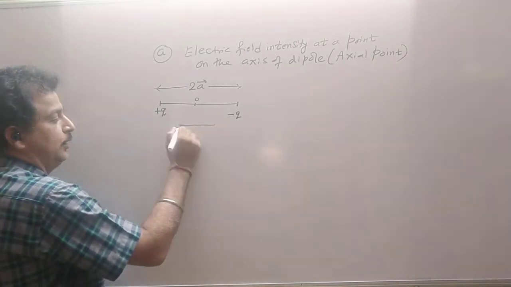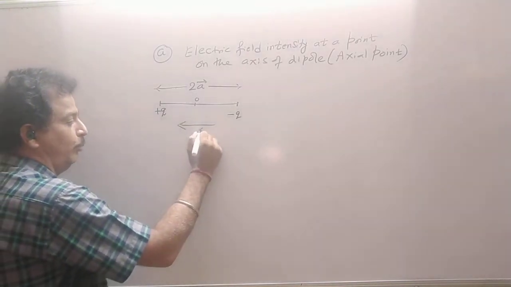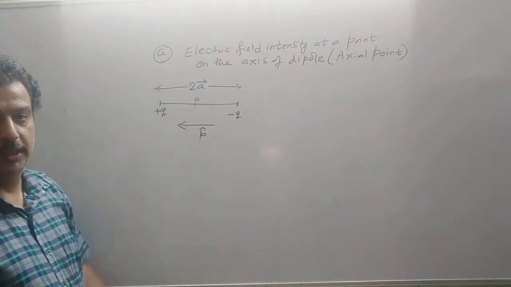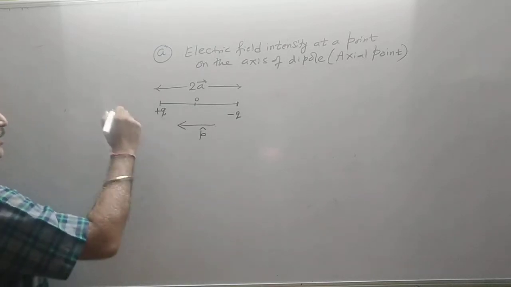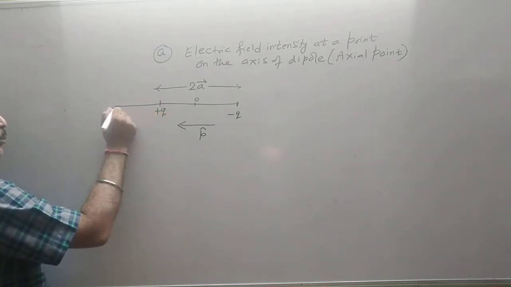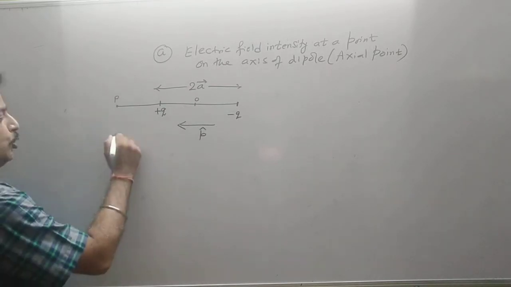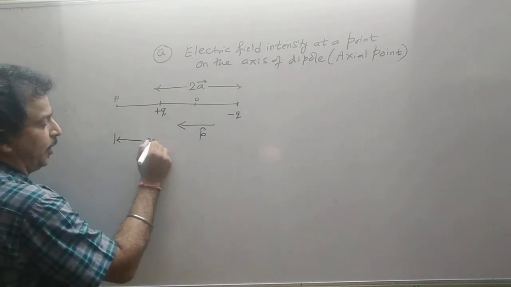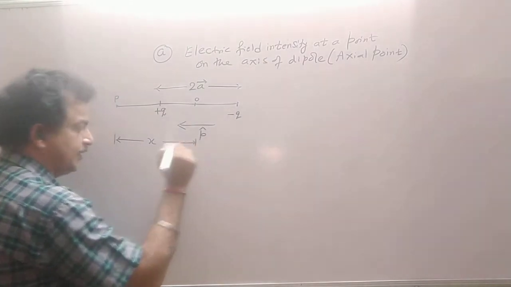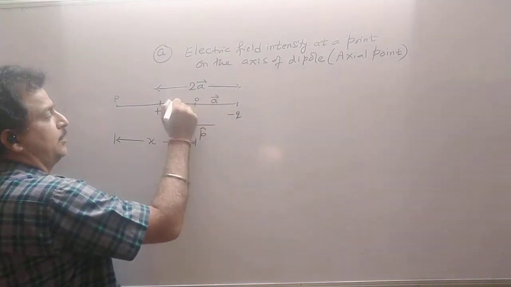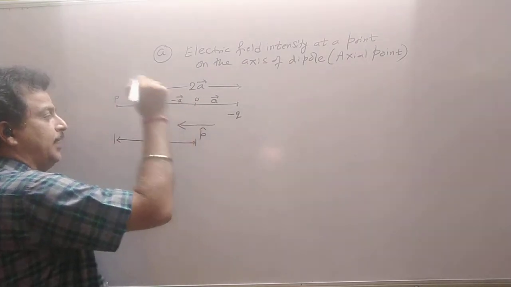First I denote the direction of the dipole moment, which is from the negative charge to the positive charge. Now let us consider a point P, whose distance from the origin is taken as x. Now this distance is a, and this distance is minus a.